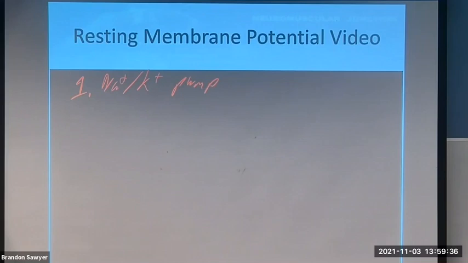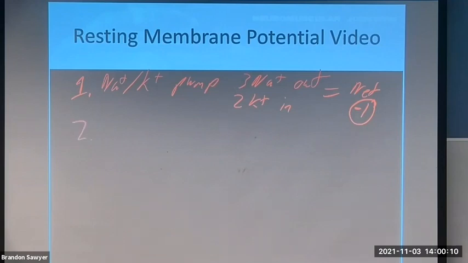When it pumps 3 sodiums out and 2 potassiums in, the net charge change every time that happens is -1 for the inside of the cell, because we're losing 3 positively charged ions and gaining 2. So the net change is -1.